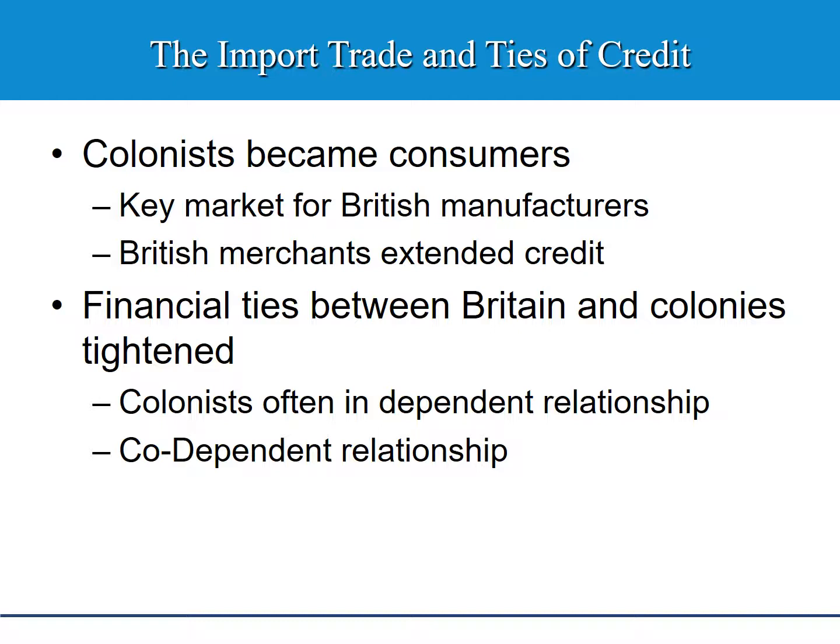A lot of times history books talk about that the colonies were very dependent on Britain, because Britain bought their goods and sold them goods, and the British protected them from the French and from the Native Americans when they had problems. But actually what we see happening, which becomes very evident when we move to the Revolutionary period, is that they were actually in a codependent relationship.